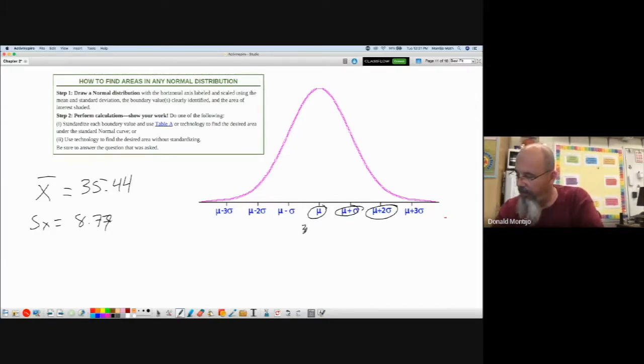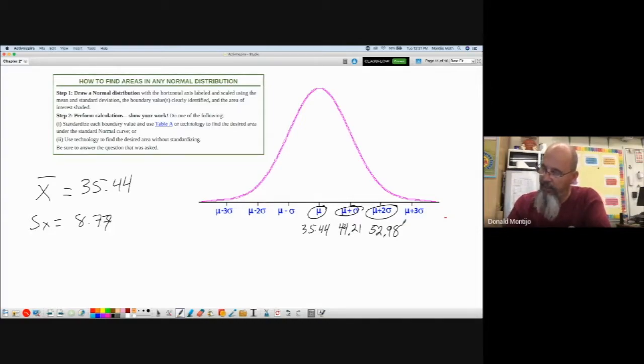So 35.44, and then I would add 8.77 over and over again, 44.21, and I could keep going. The next one would be 52.98, and so on. And here I would do 35.44 minus 8.77, and I would keep going.